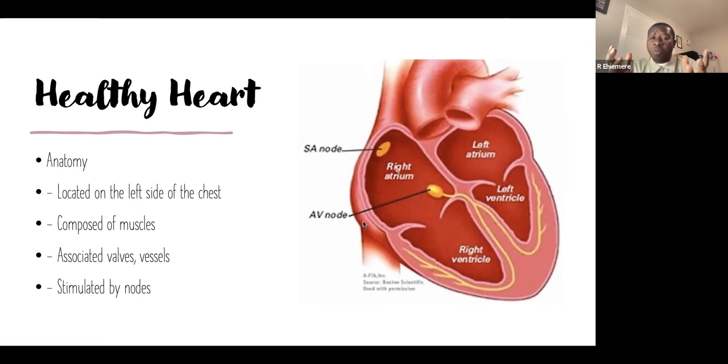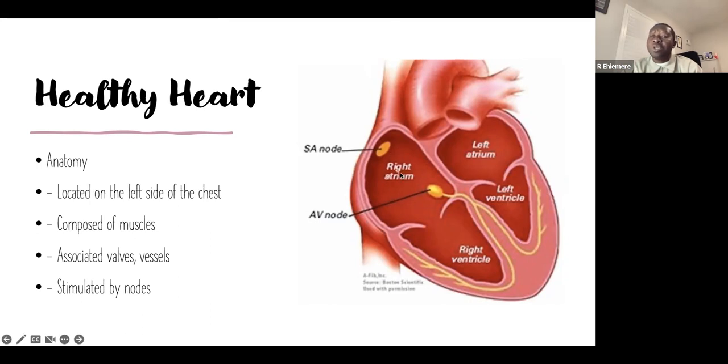It's composed of muscles generally. So it's a pump that's muscle because it has the ability to contract. So we call it a contractile muscle. Besides having this muscle, it has some of these yellow things you would see around it.